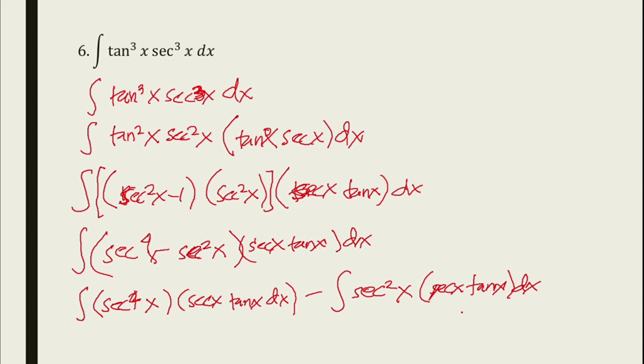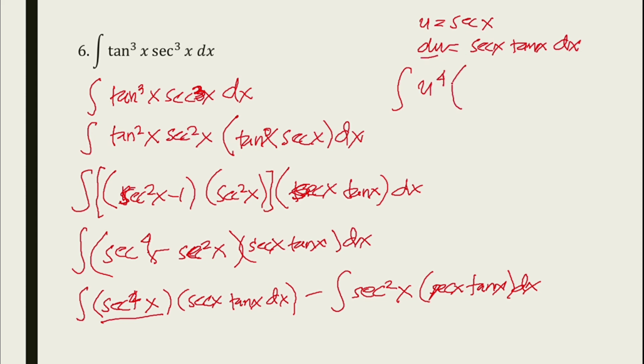We let u as our secant x. The derivative of this is sec x tan x dx, so therefore this is our du.